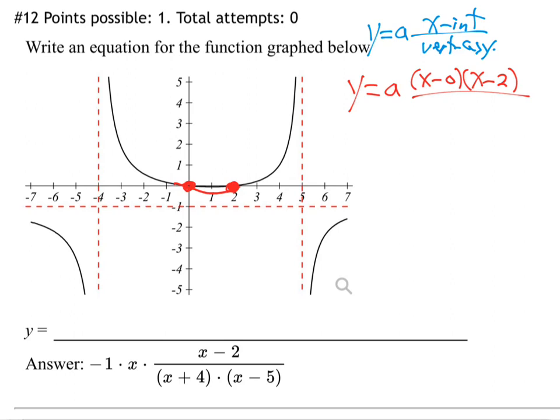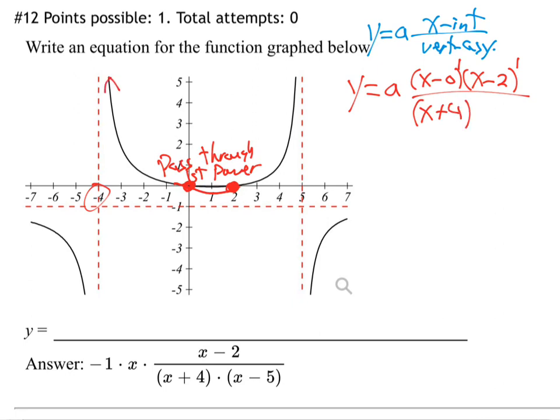For the vertical asymptotes, you can see those, -4. And by the way, this is a pass-through for both of these x-intercepts. So it's first power for both those guys, right? First power, passes through. It doesn't bounce at either one of those. On the bottom, x plus 4.